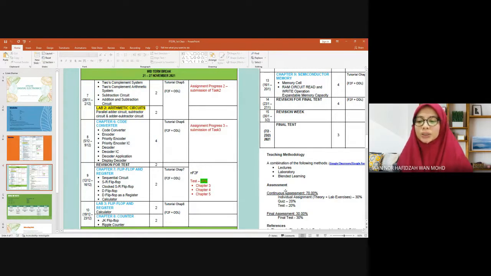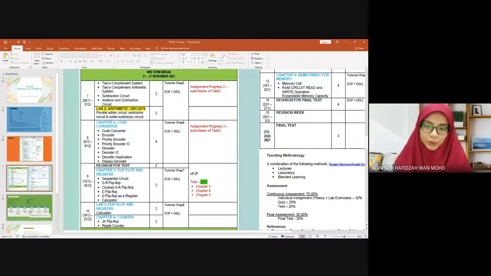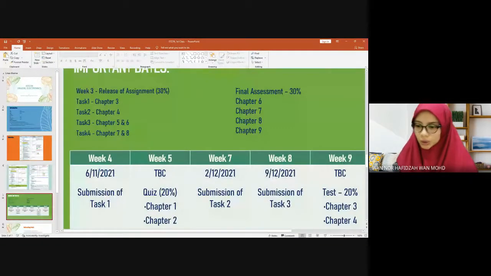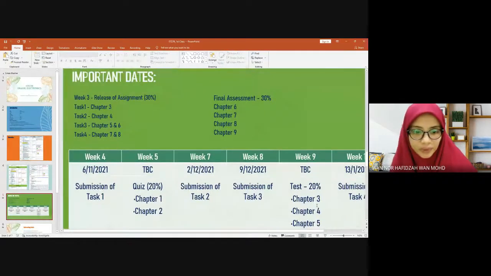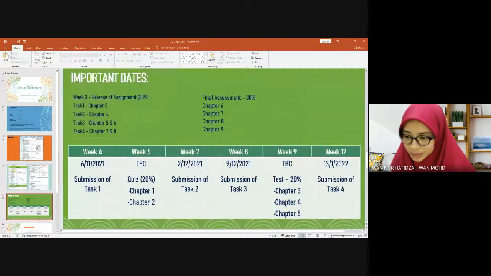It consists of individual assignment, individual plus group work, 30%, quiz 20%, and test 20%. For the details of each assignment, later we will explain to you once we release the assignment for you.